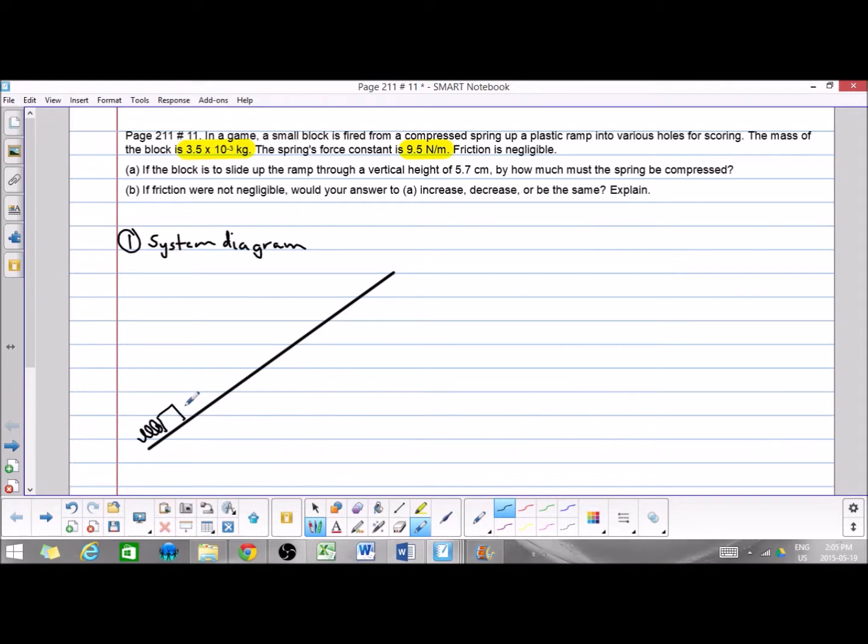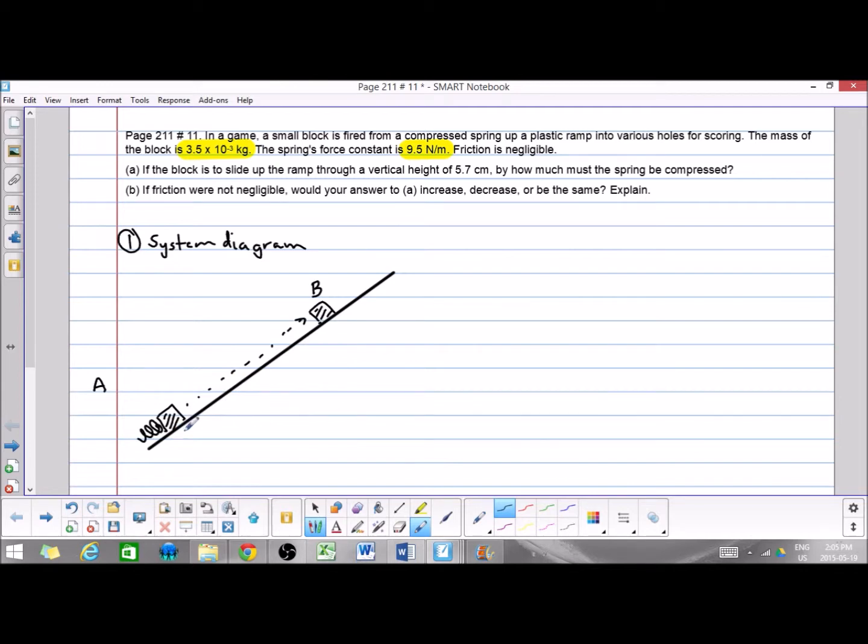So the spring is let go, the block goes up, up, up the ramp to this final position, which is 5.7 centimeters higher than its initial position. So we can label our positions A and B and start filling in things that we know.